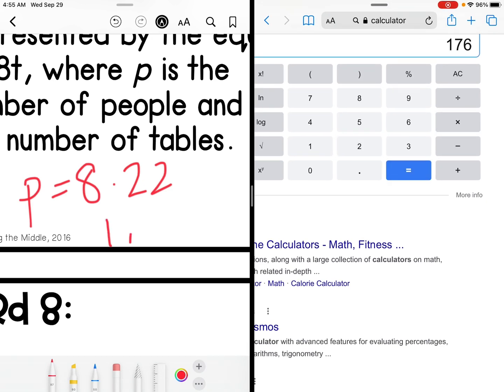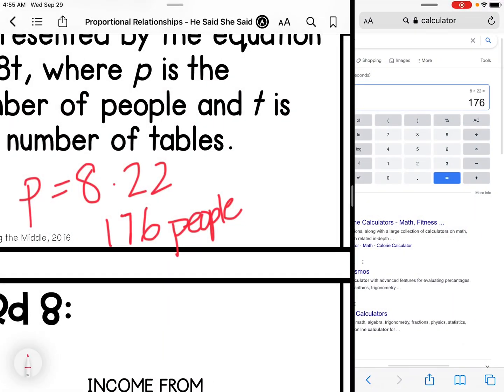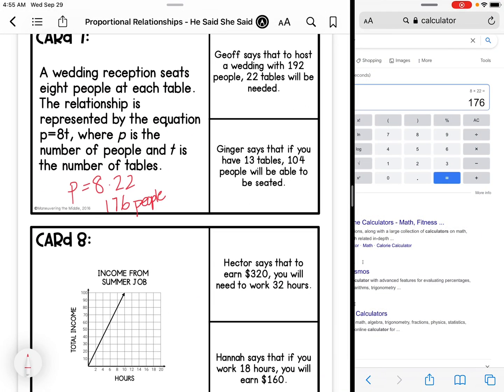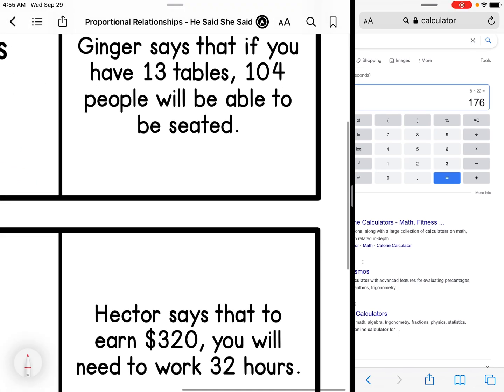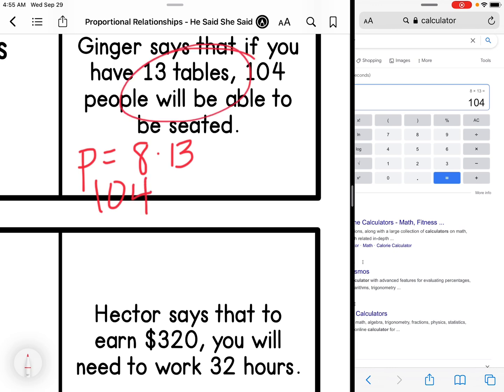I get 176 people. So that's going to give me too many tables. The other one says 13 tables for 104 people. And I get 104. So I know that Ginger's right.